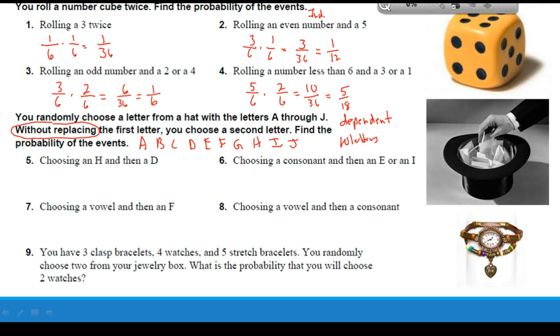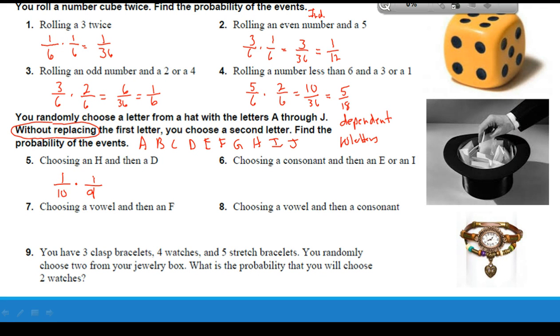So the probability of choosing an H and then a D. So how many H's are there in the hat? There's 1. And again, there's 10 choices. Okay, now that H came out, so the H is no longer in the hat. So now, how many choices are there? 9.